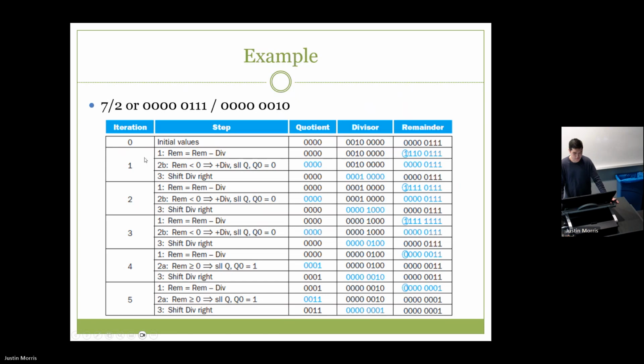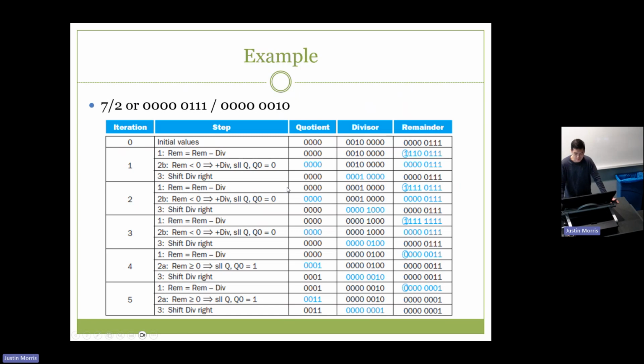So step 1, subtract the divisor from the remainder register. This is our new value. This is negative, so we add the divisor back to restore the remainder. Then we shift the divisor to the right and append a 0 to the quotient.